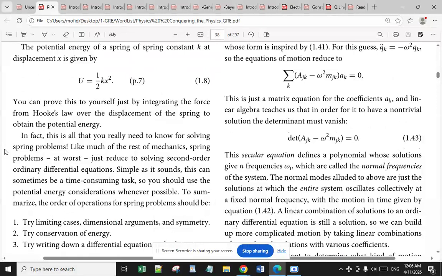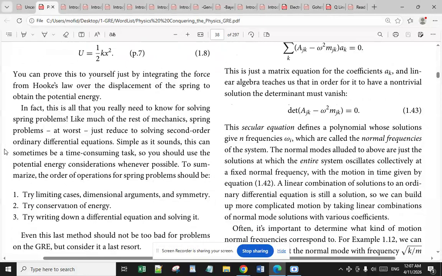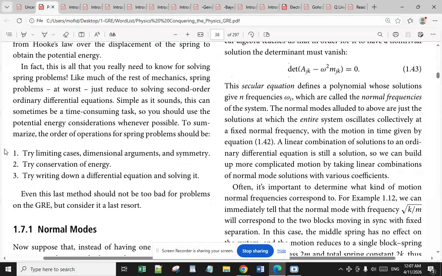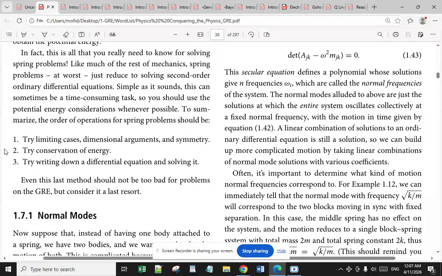The normal modes alluded to above are just the solutions at which the entire system oscillates collectively at a fixed normal frequency, with the motion in time given by equation 1.42. A linear combination of solutions to an ordinary differential equation is still a solution, so we can build up more complicated motion by taking linear combinations of normal mode solutions with various coefficients.